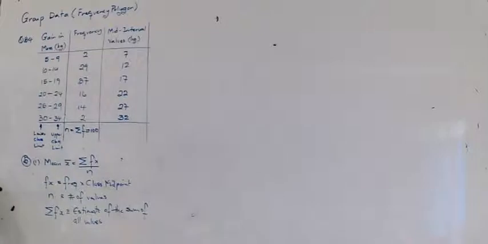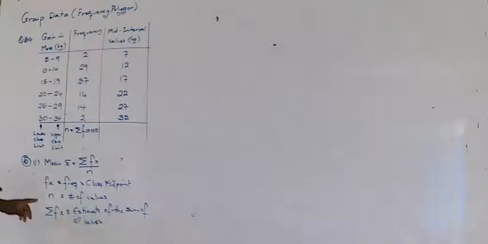Let me ask a question. How do you calculate average? Another name for the mean is the average. So we're asked to find the average gain in mass of the 100 cows. How do we calculate average? You have to add up all values and then divide by the number of values. N here stands for the number of values. So the top piece must stand for the sum of all the values.